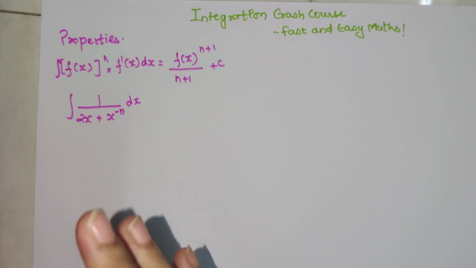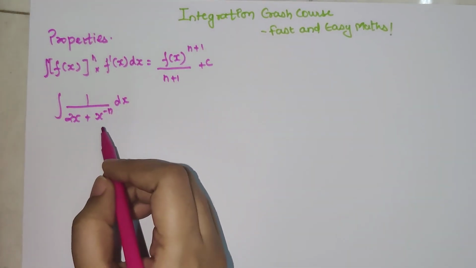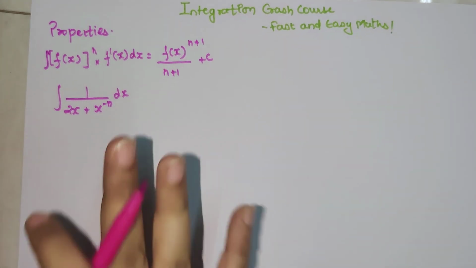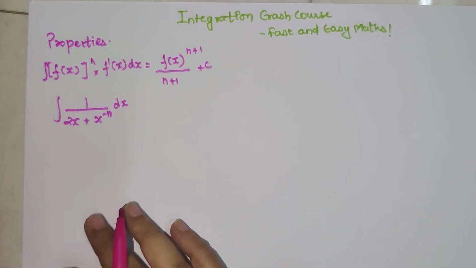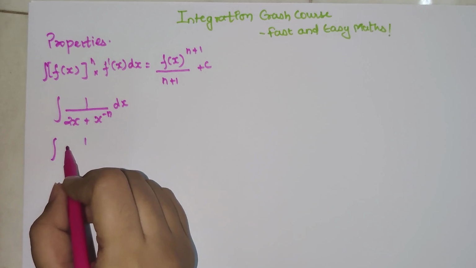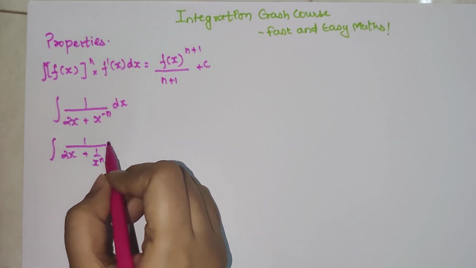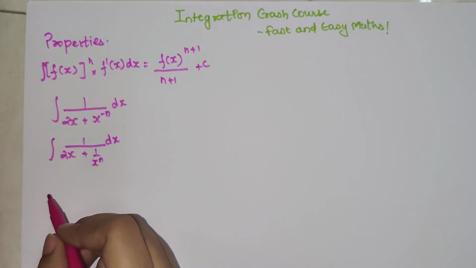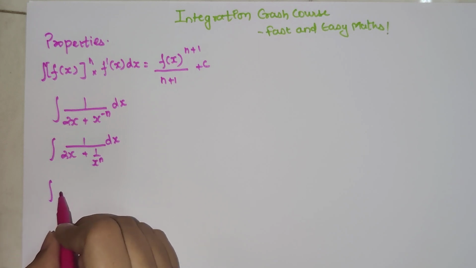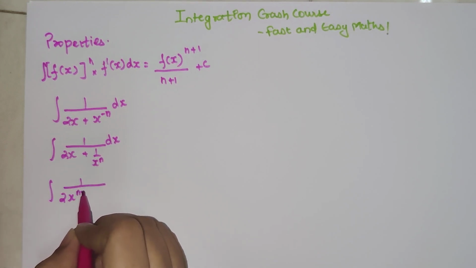Okay, so let's assume that this was the question which had appeared in your paper, and then what you should do is something very obvious. We do not like negative powers in the denominator, so we make it positive: 1 upon x raised to n dx. So then let's take LCM: 1 upon 2 raised to x raised to n plus 1, right?